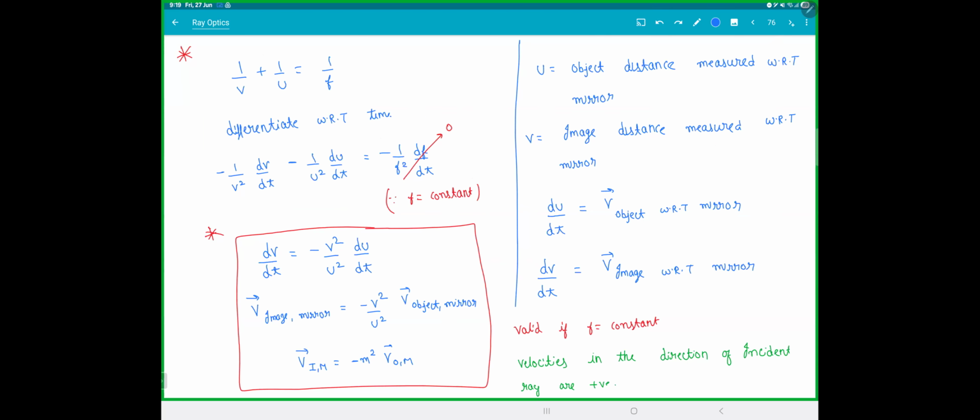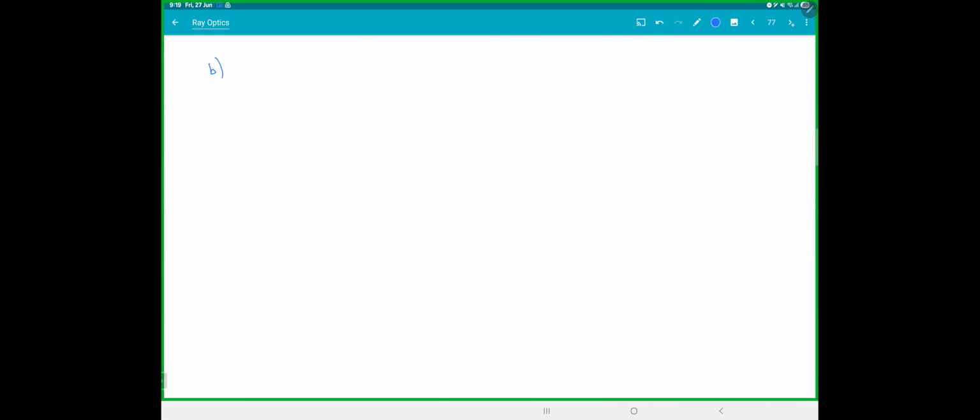Now you guys try this. Let's say we have a convex mirror, radius is 20 centimeters. The mirror itself is moving with the speed of 5 centimeters per second. Object is going with the speed of 10 centimeters per second. And let's say this distance is 40 centimeters.